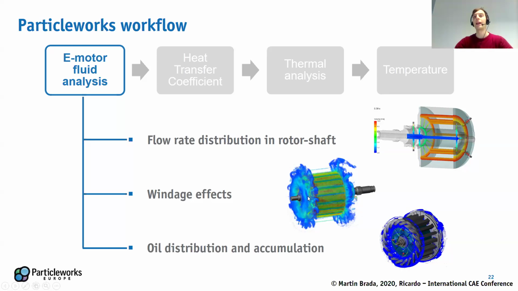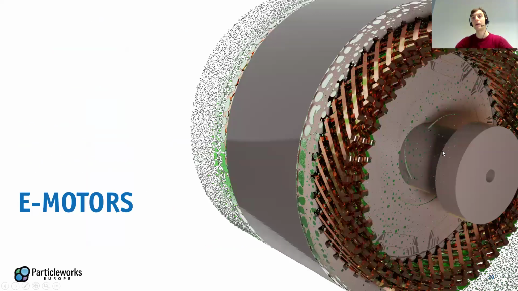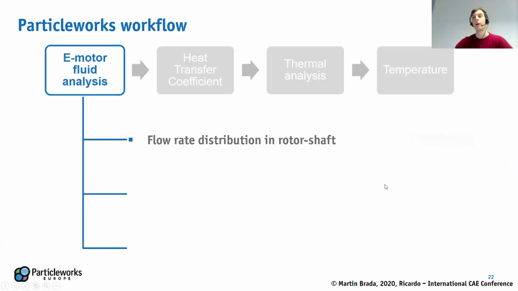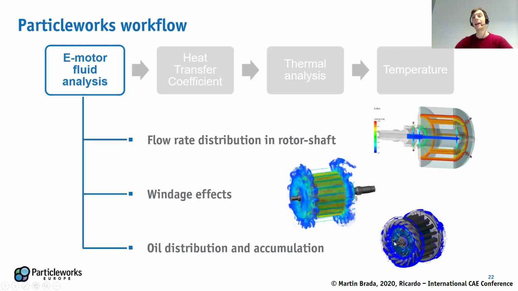And then we can also do the air simulation inside the e-motor, because of course, as mentioned, basically in the area here between the rotor and the windings, we have air, and because of the rotation of the rotor, we can have some windage effect and cooling effect also for air. And then at the end, we want to analyze how oil distributes and also cools the most critical areas.